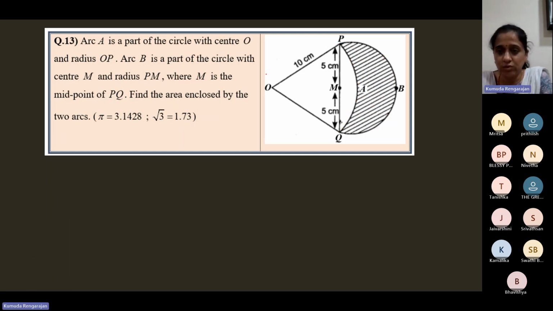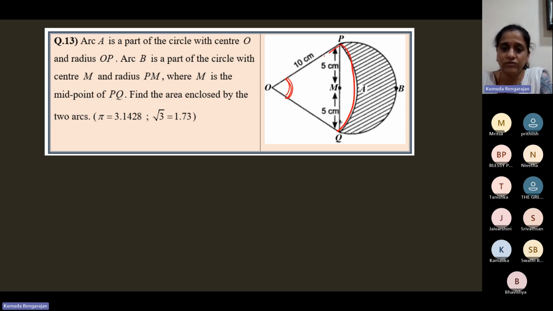So what you have to do is, you need to find the area of the sector. First, you need to find the sector angle. We don't have a right triangle, so you cannot use trigonometry here. Then find the area of this sector.